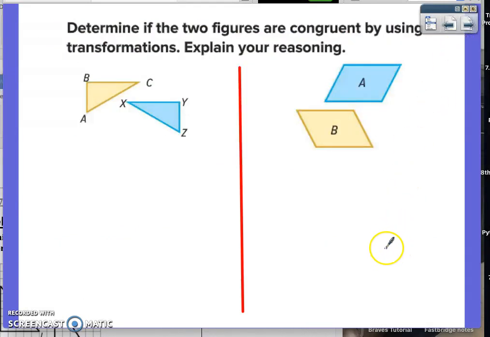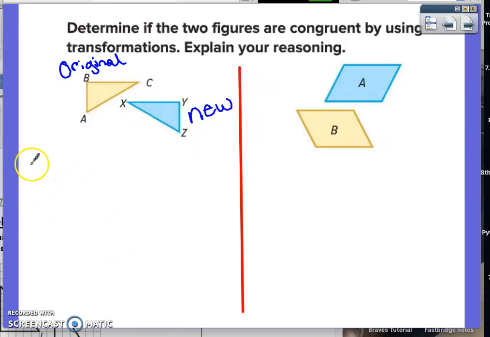So here, determine if the two figures are congruent by using transformations and explain your reasoning. So first, what do we do from our original here to our new one here?